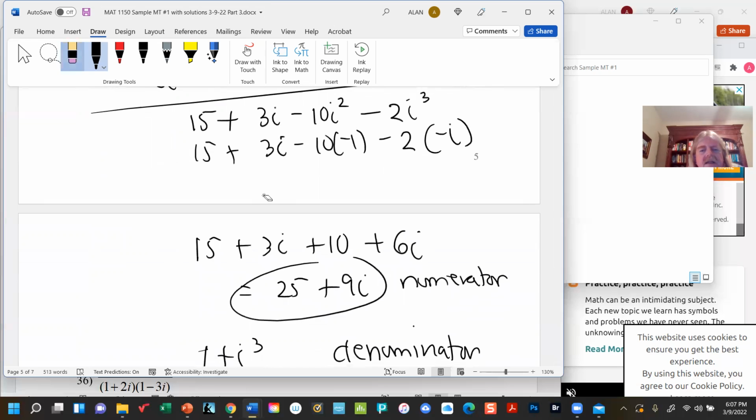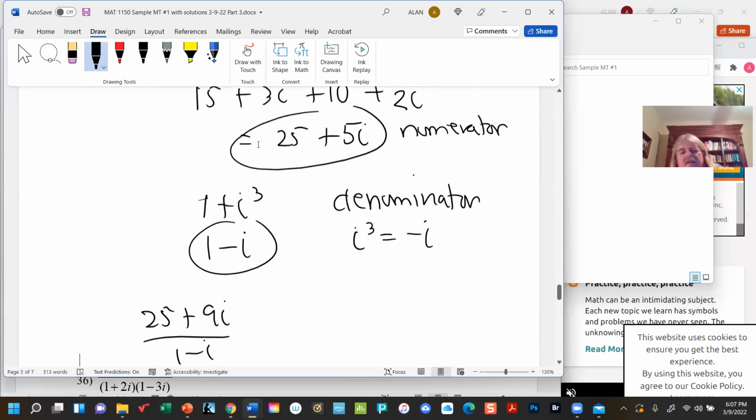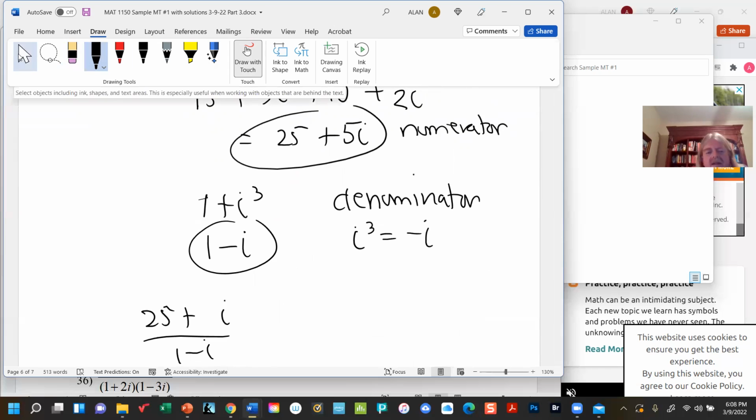Yeah, okay. So that was wrong. This is 5. All right, as I started to say though, so you have 25 plus 5i, as it turns out, over 1 minus i.